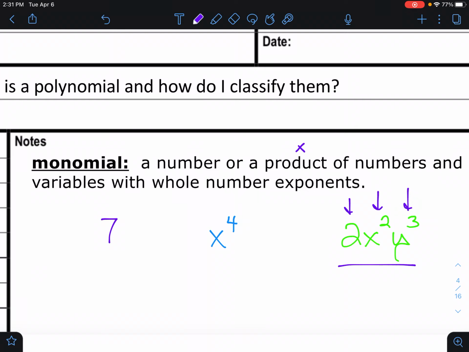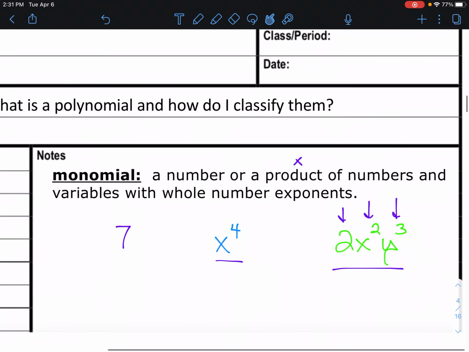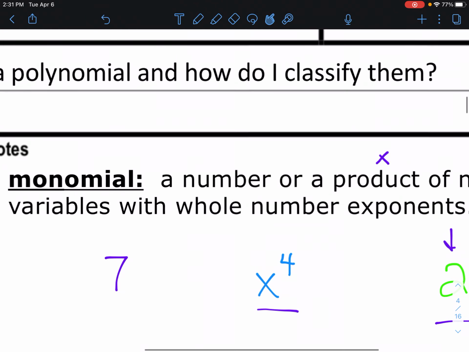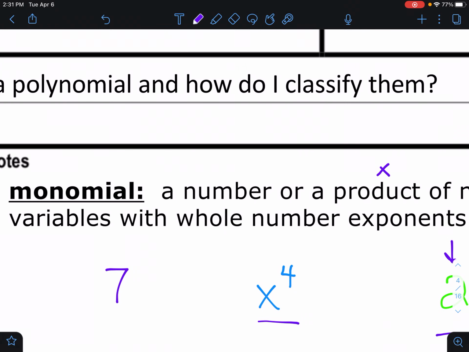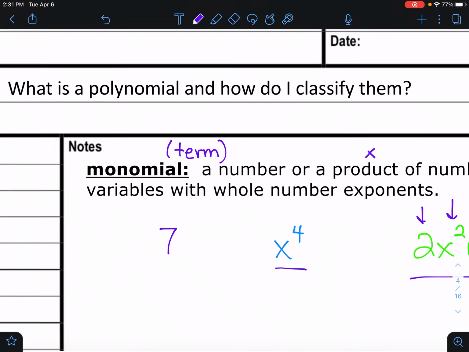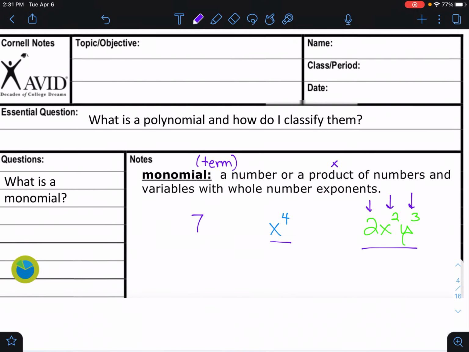Now these are all being multiplied together, even though those dots aren't written there, so it might not be extremely obvious. So it could be just a variable with a power as long as it's a whole number exponent. So these are all called monomials. You'll often hear too the word term. A term and a monomial are the same thing. So those are kind of used interchangeably.